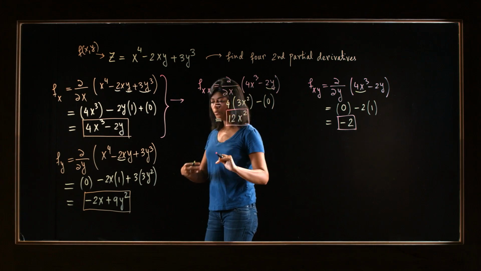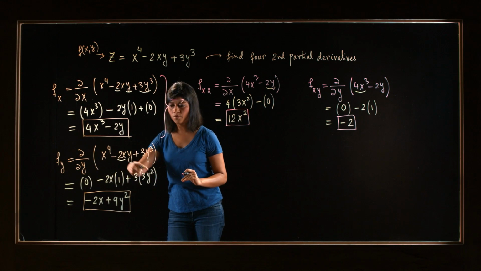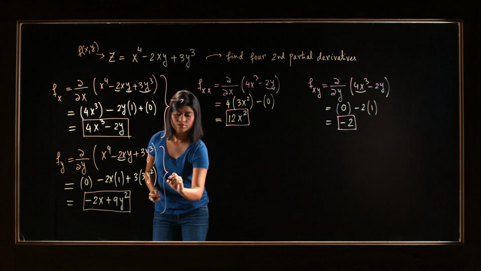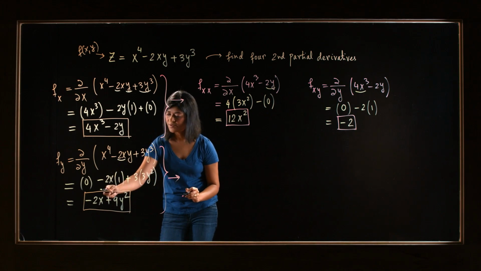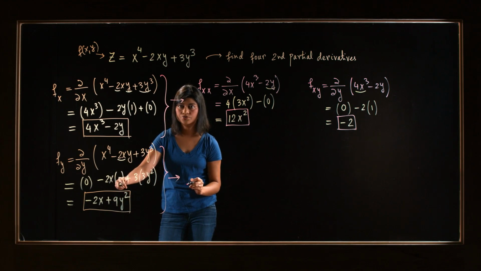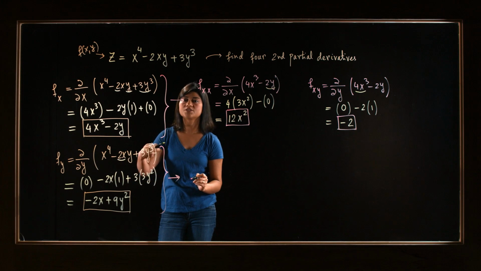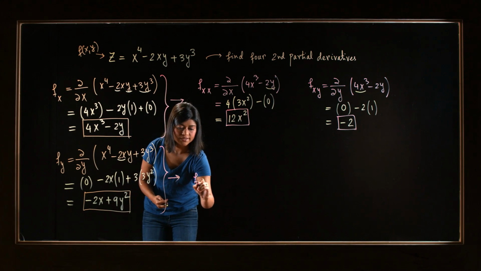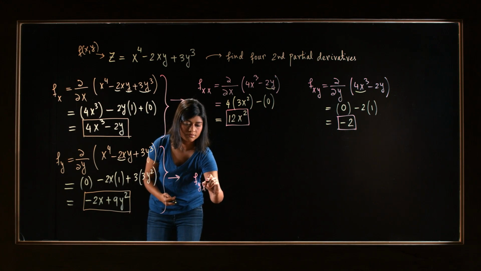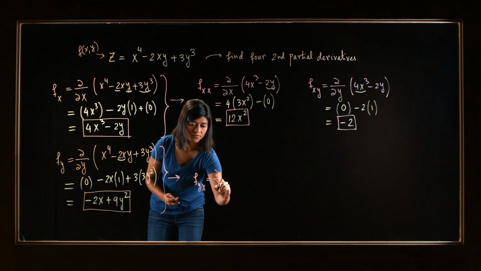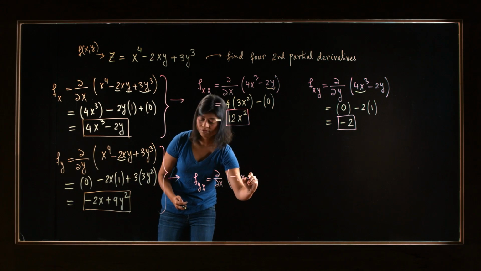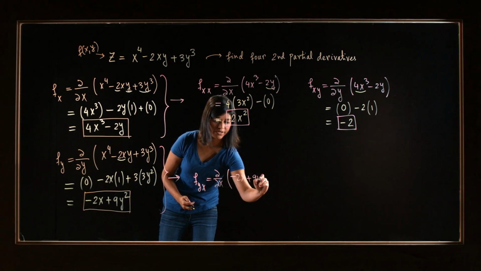Now we have to get 2 more from fy. Okay. So same thing again, we will take the expression for fy, and take the partial derivative with respect to x and with respect to y. So the first one with respect to x is fyx. So with respect to x of negative 2x plus 9y squared.